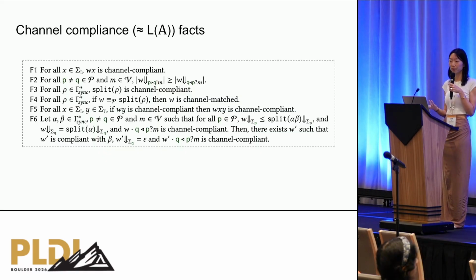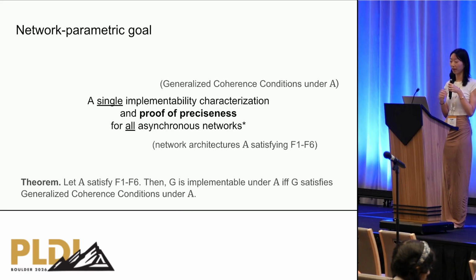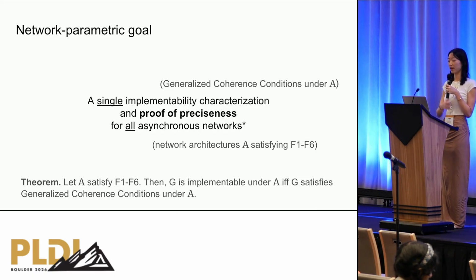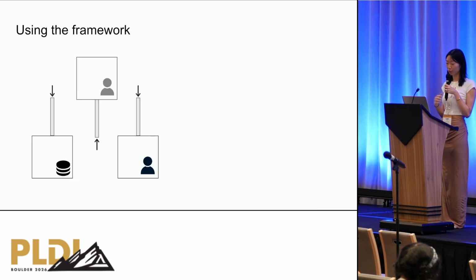So these are algebraic in nature, and they say if certain words are in the language, then certain other words must also be in the language, and so on. And so with this, we have achieved our goal of having a network-parametric characterization. So we prove that for any network architecture that satisfies these algebraic axioms, our generalized coherence conditions are precise with respect to implementability. This is, however, not a fully satisfying solution.